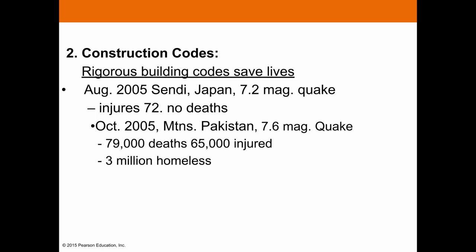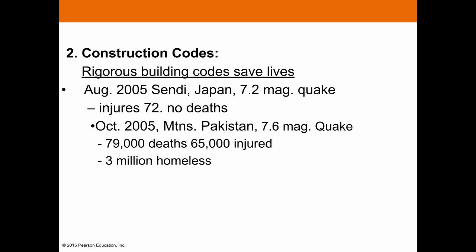How well you build the building determines how well the building, and therefore the residents inside the building, survive. We have two examples here from 2005 in August and October, adjacent to each other essentially, with very similar magnitude quakes, 7.2 and 7.6, one in Sendai, Japan, one in the mountains of Pakistan.